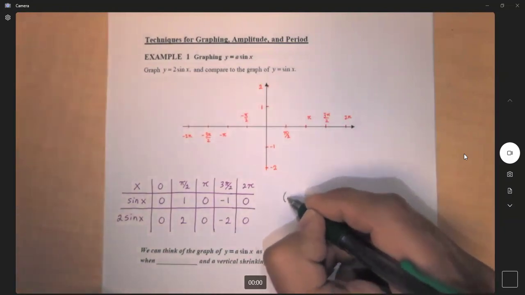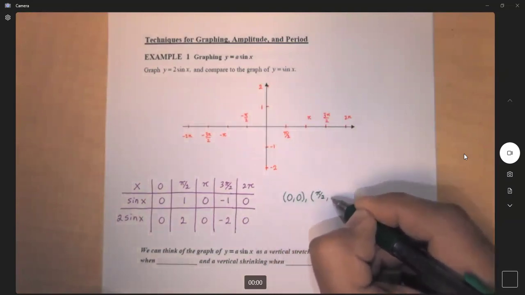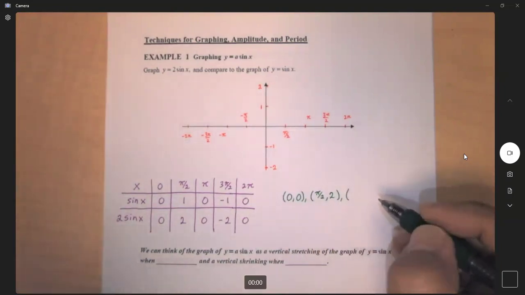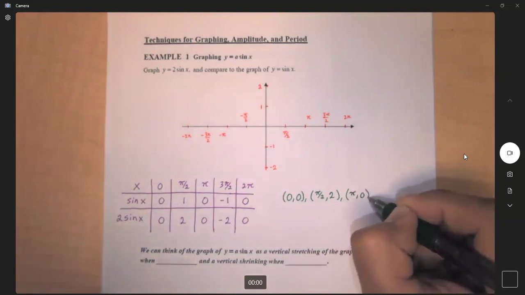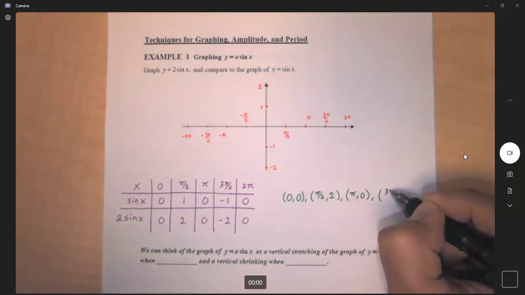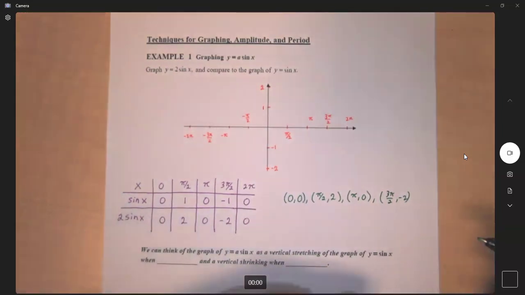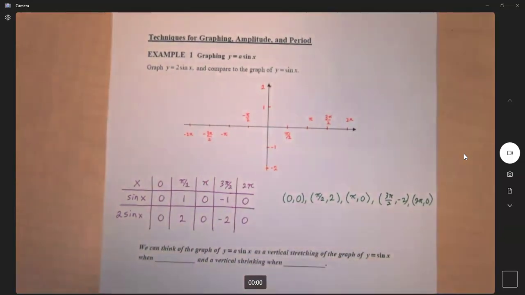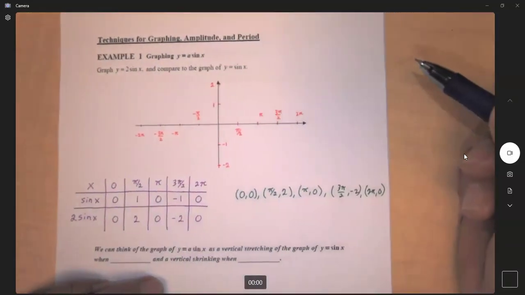So it's going to be 0, 0, and then pi halves, 2, pi, 0, 3 pi halves, -2. And then the last point I have there is 2 pi, 0. So those are the points that I'm going to plot so that I can graph this function here.